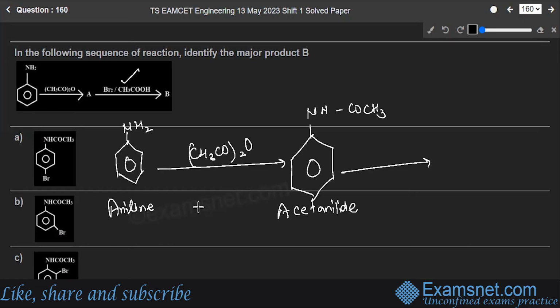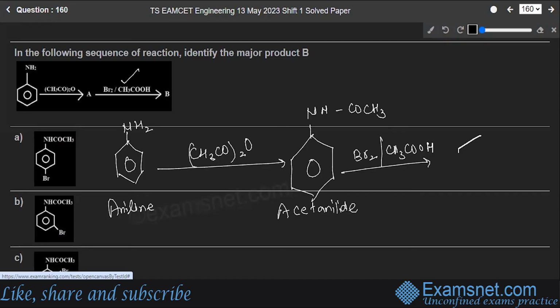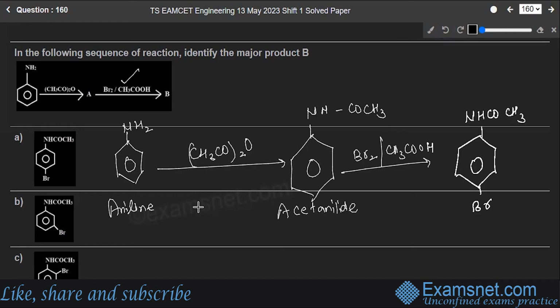Now, this further reacts in the presence of bromine and acetic acid, CH3COOH, to give you NHCOCH3 and a bromine group over here. This is p-bromoacetanilide.